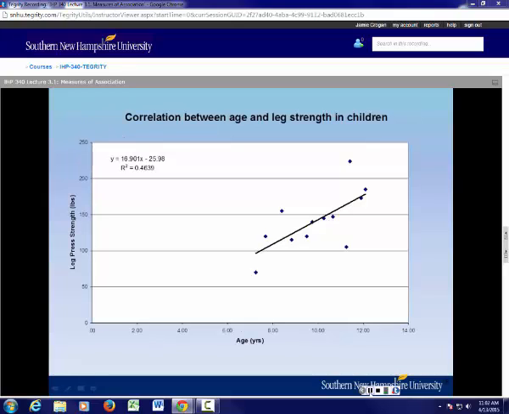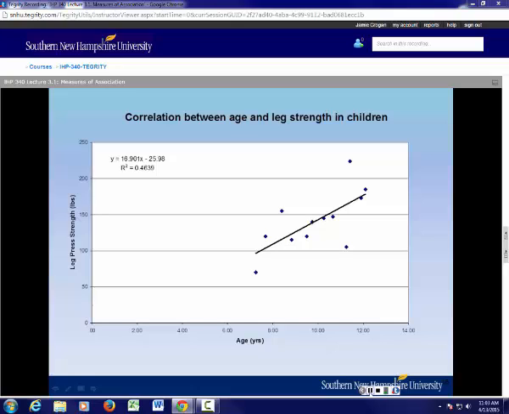So here is our relationship again between age and leg press strength. Just a reminder, the age variable accounted for about 46% of the variability in leg press strength. Now if we wanted to, we could turn this very simple regression into a multiple regression by adding in more x's.